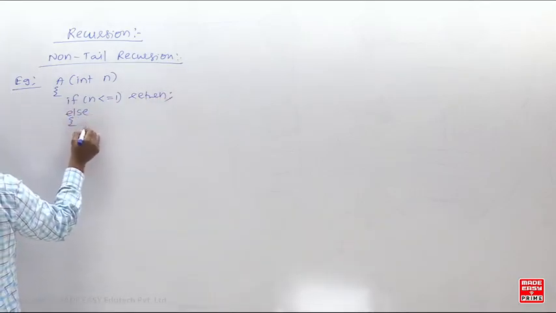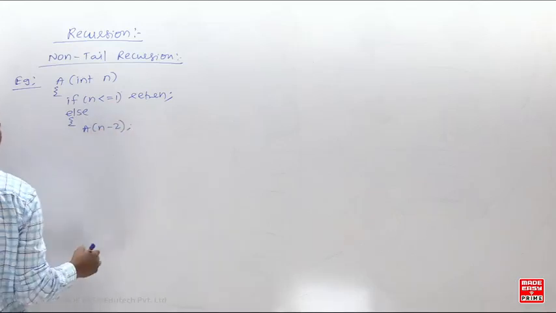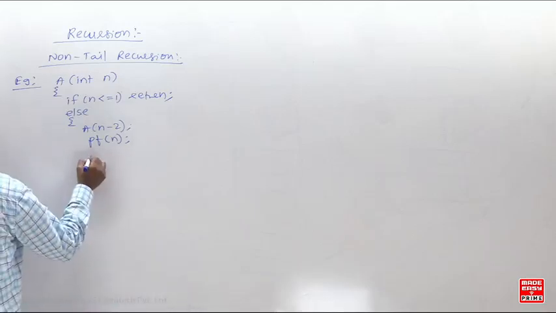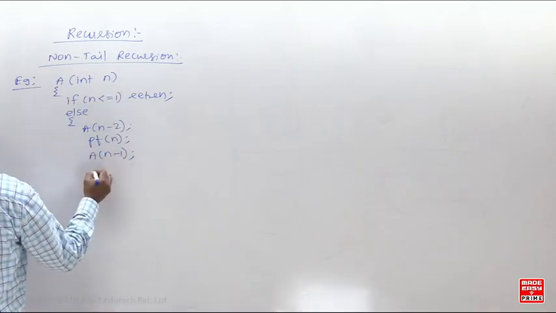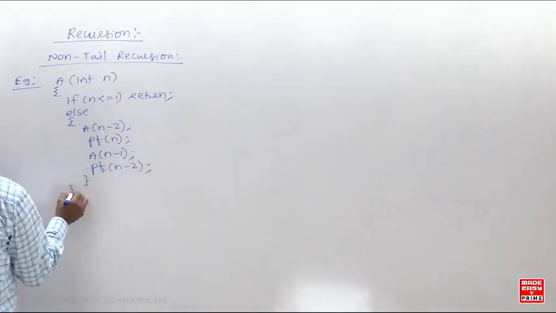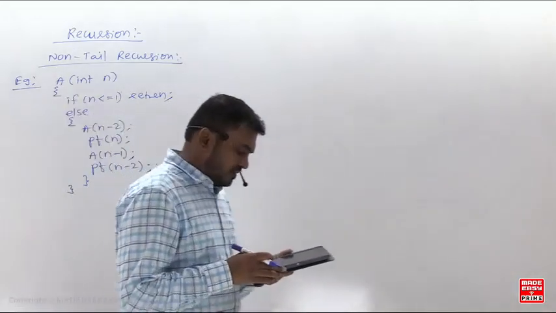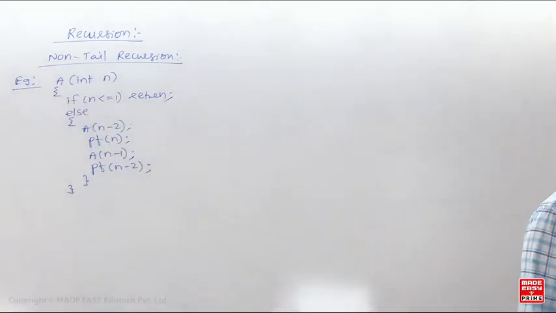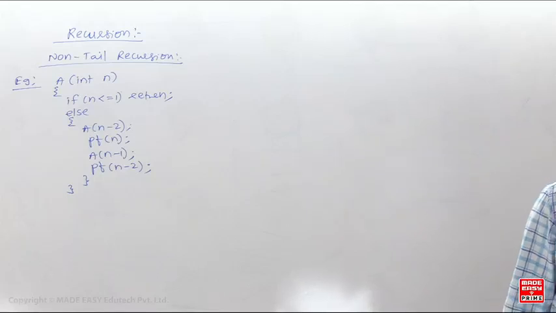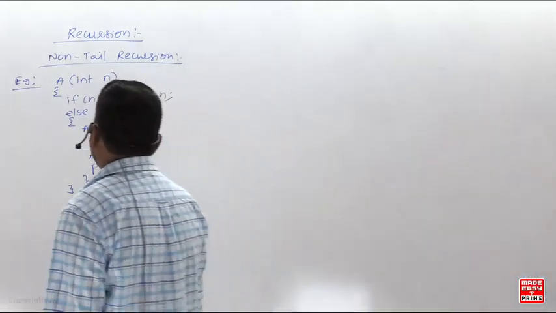Else, recursively call a of n minus 2, printf n, recursively call a of n minus 1, printf. So let's see what is the output of a of 4. Copy this.